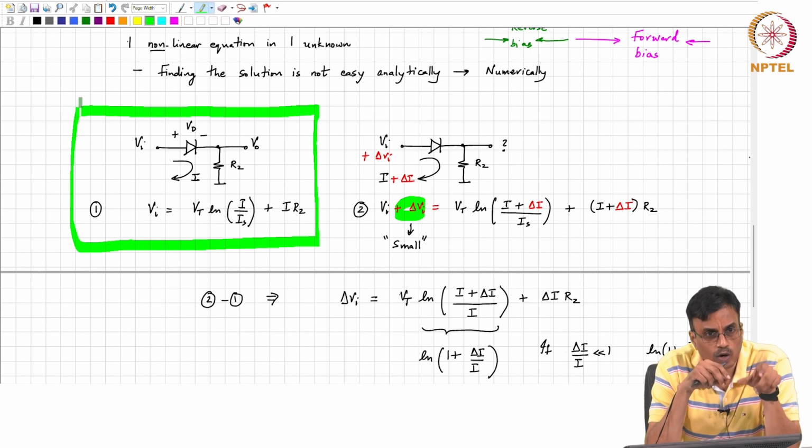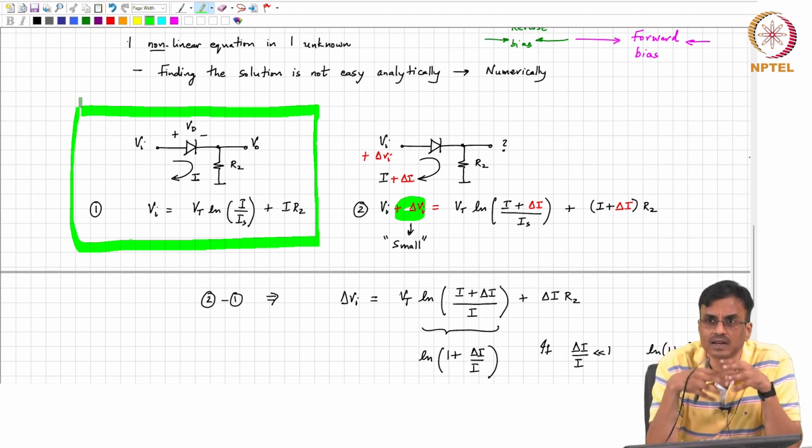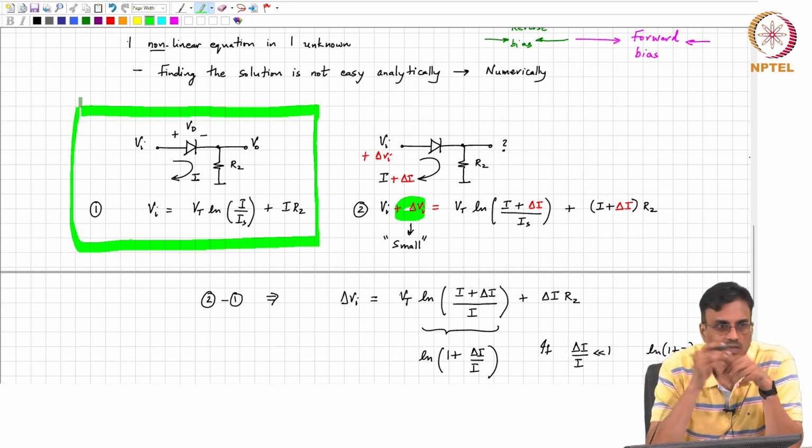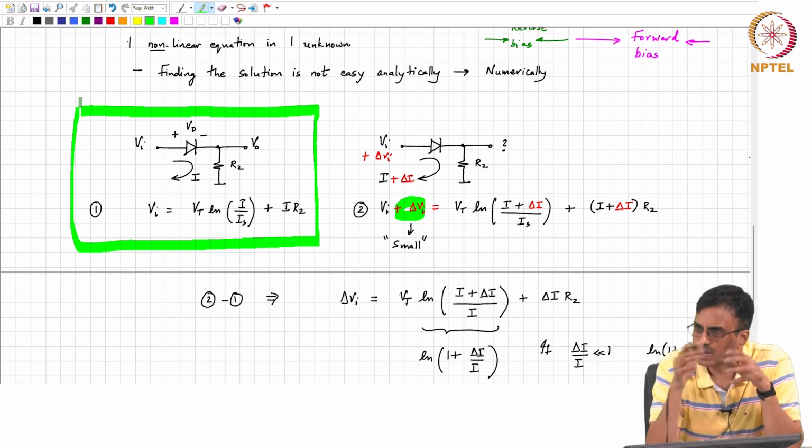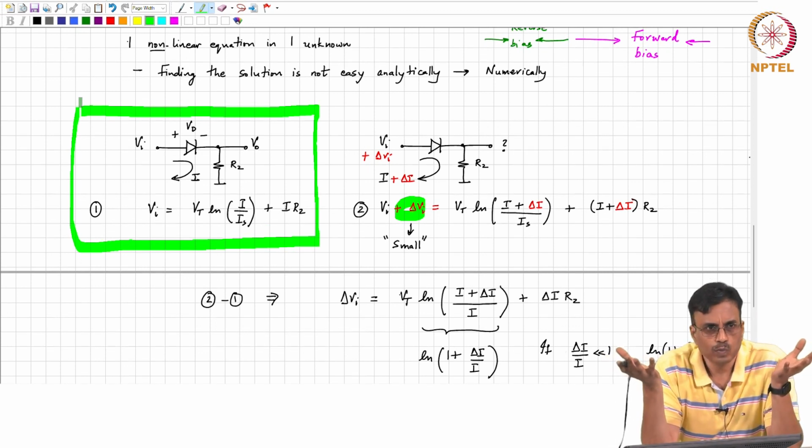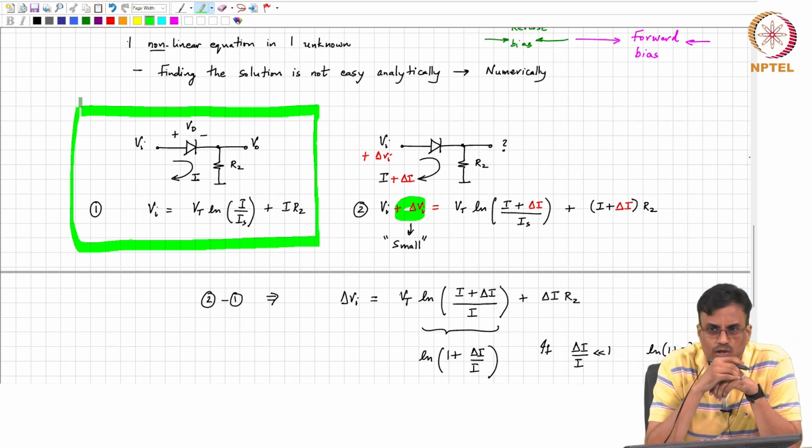The branch voltage is related to the branch current through a nonlinear relationship. So, you will get a system of nonlinear equations and these are all coupled, correct. Okay. So, you will now get a system of nonlinear coupled equations in the variables, and solving even a single nonlinear equation seems to be very difficult. So, you can imagine how it would be to solve a bunch of nonlinear coupled equations.